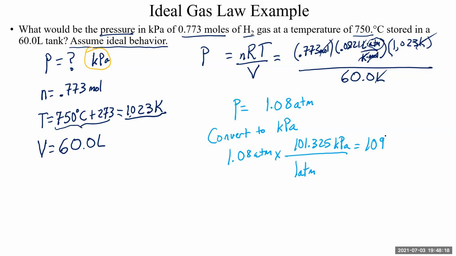Well, technically, that's about all we should write down because we only have 3 sig figs. But just so you can compare the answer, 109.639 kilopascals. Of course, we should round to only 3 sig figs. That would be 110. The 6 tells us to round the 9 up to 10. 110 with a decimal place because we want that 0 to count and be significant, kilopascals of hydrogen gas.